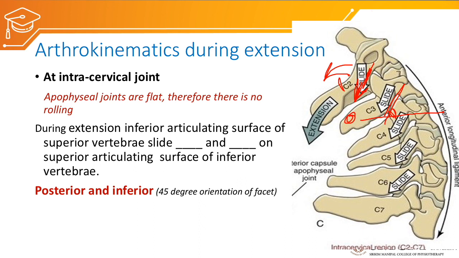Similarly for C3, C4, C4, C5, C5, C6, C6, C7, the inferior articulating facet of the superior vertebra will be sliding posteriorly and inferiorly on the superior articulating facet of the inferior vertebra. You can see here for C6 and C7 as well.